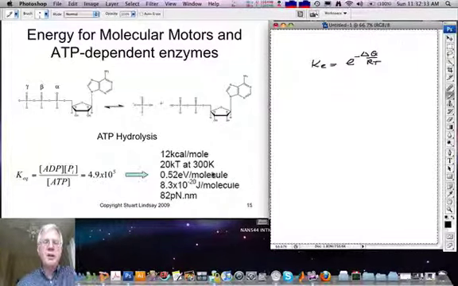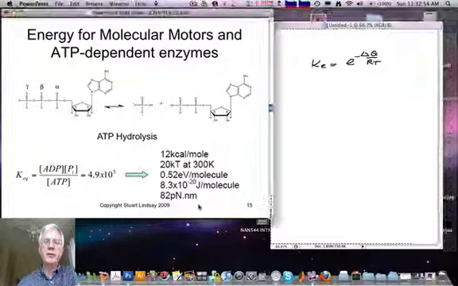So a significant amount of energy available from this reaction. I've also listed it here in units of piconewton nanometers to give you some idea of how much work can be done in generating biological motion over a given distance.